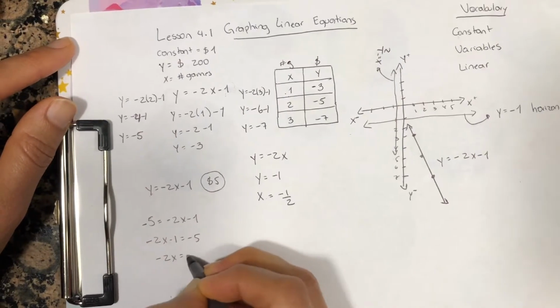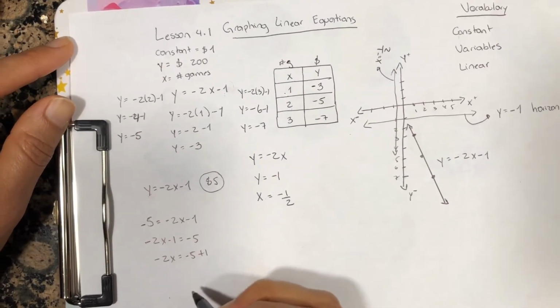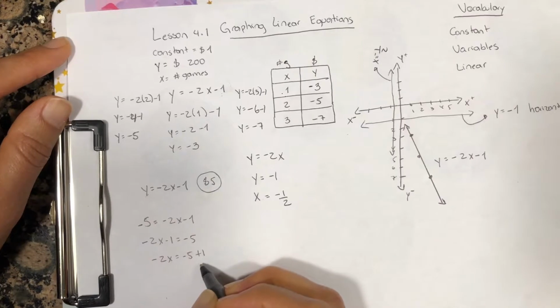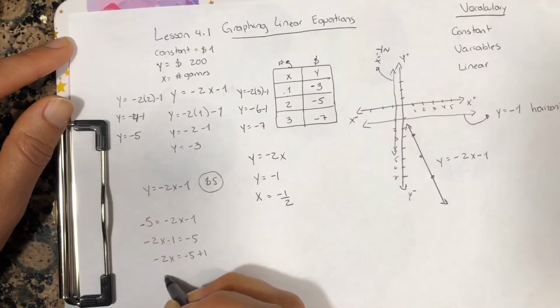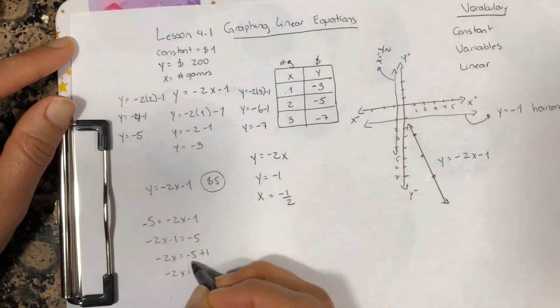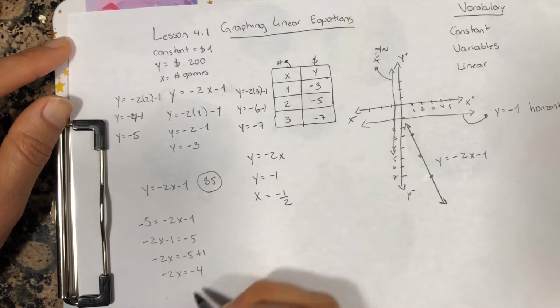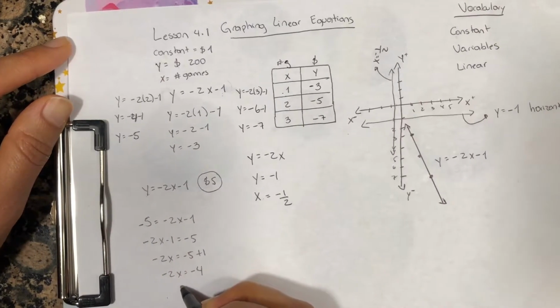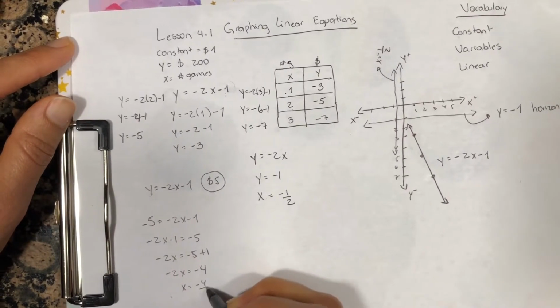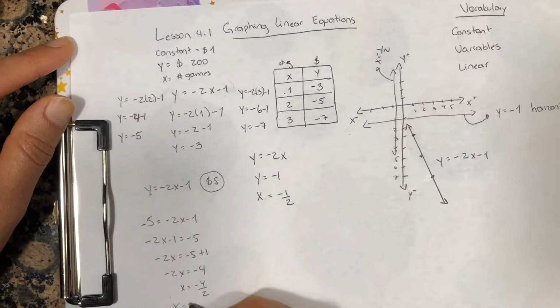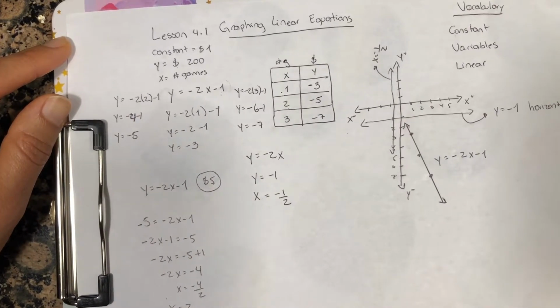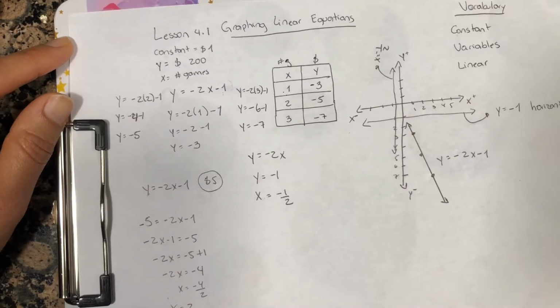Minus 2x equals minus 5 plus 1. Minus 2x equals minus 4. And x will be minus 4 divided by minus 2. X equals 2. I hope I did it right.